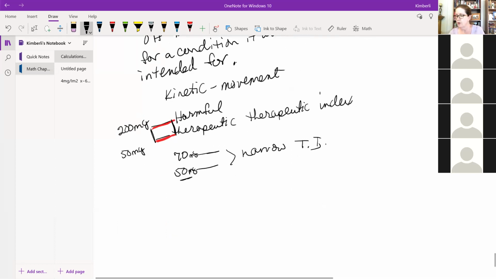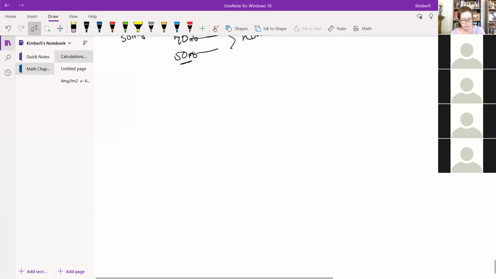So let's look at the parts of a prescription right now, because I know this is math, but when we're dealing with medicine, we're looking at a lot of different parts of math, especially in outpatient and inpatient pharmacy. A prescription is a means for a physician or other health professional to provide the information needed by the pharmacist to dispense the desired medication for a patient in an outpatient setting.